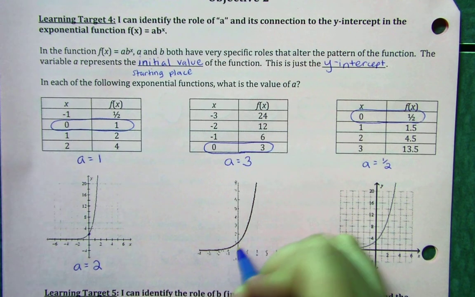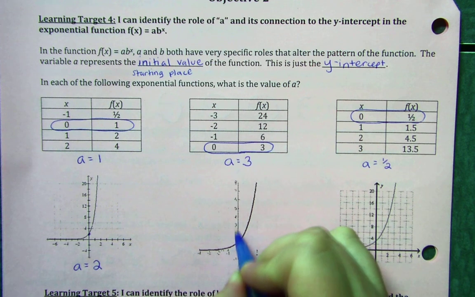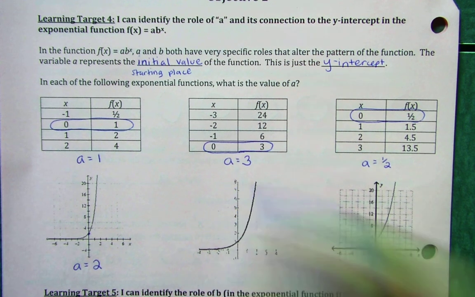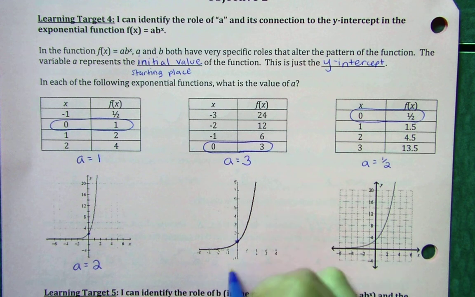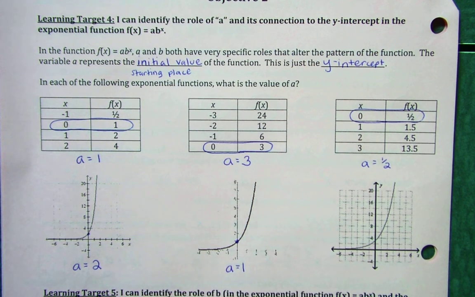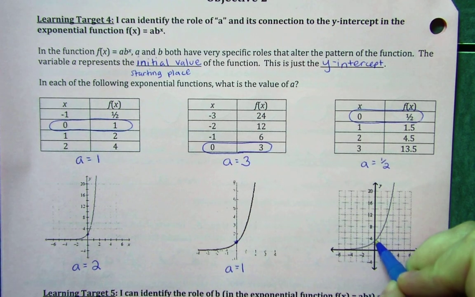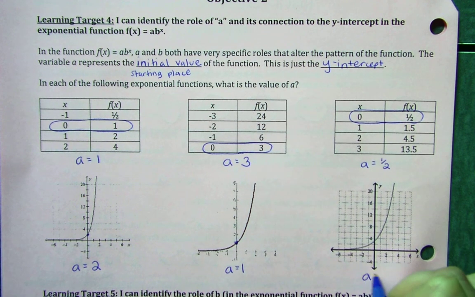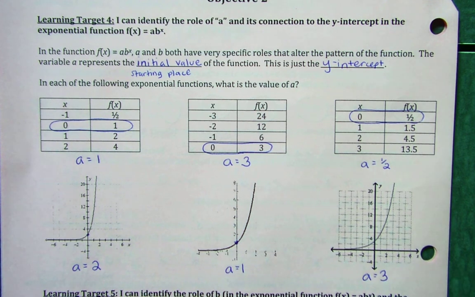Here, this graph is kind of hard to read, but it's going 1, 2, 3, 4, 5, 6, 7, 8. So this is at 1 right there, where it's crossing the y-axis. This one is crossing, it looks like, at 3 because each unit is counting by 2. So it's right in the middle of 2 and 4, so a would be 3.